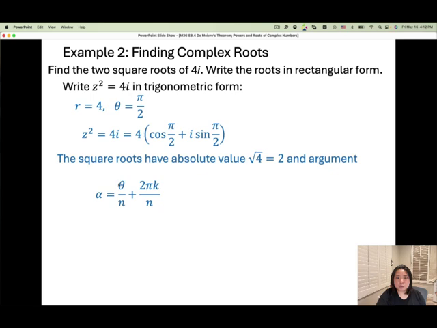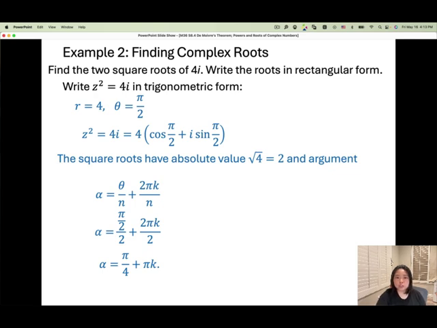Theta, that will be your argument, which is pi over 2. And then the n, talking about the 2 here, because we are looking for the 2 square root. Okay, so plug it in. Simplify it, this guy will be pi over 4 plus the 2 simplify, so pi over 4 plus pi k.